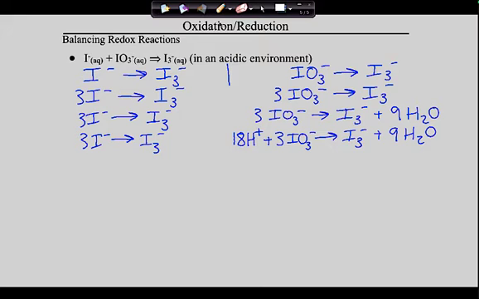So if you get to this point and you're getting in trouble, go back and make sure you've got all your signs right. And remember, water doesn't have a charge. Okay, so now we need to balance charges by adding electrons to the side that is more positive, because negative electrons will cancel positive charges.